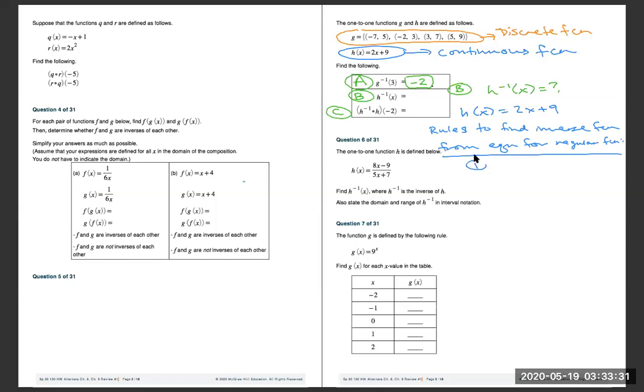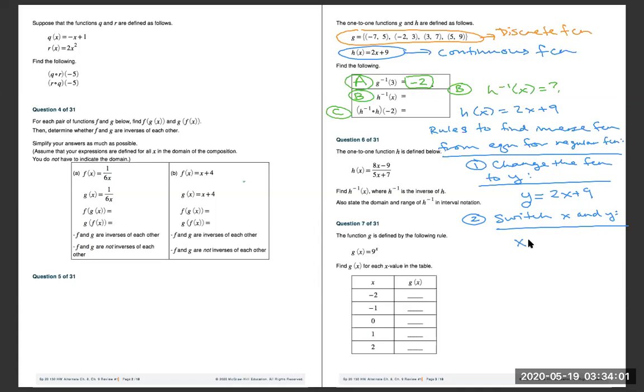So one, you're going to change the function to y. So in this case, we have h of x. We're going to change h of x to y. Keep the rest of the equation. Two, you're going to switch x and y. Don't change anything else. You're just changing the literal x and y. And lastly, well, second to lastly, you're going to solve for y.